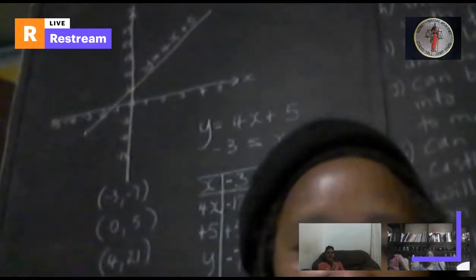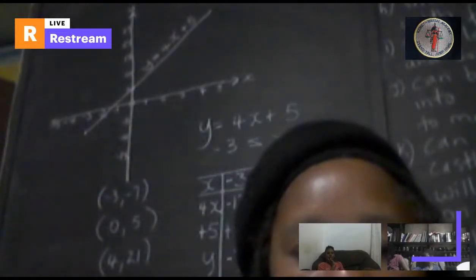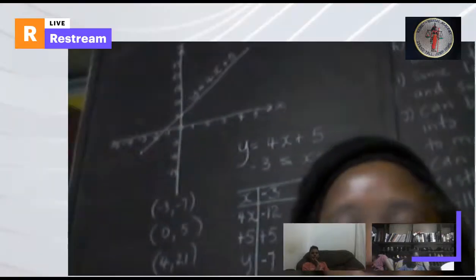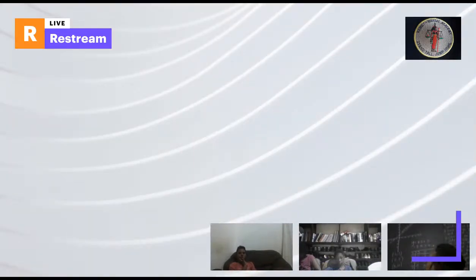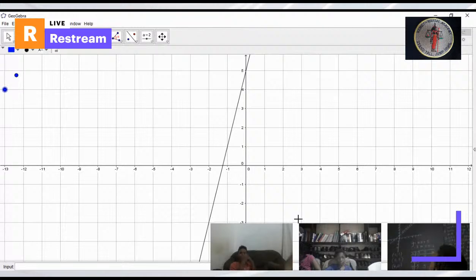So let's see if it's the case. All right, so y equals, sorry, it was a 5, 4x plus 5. All right, so here we have the line, and here's 5 on the y-axis, and this is where the line cuts the y-axis at 5. The gradient of the line.